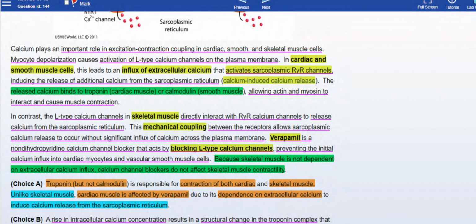Verapamil is an NDHP, that is a non-dihydropyridine calcium channel blocker, that acts by blocking the L-type calcium channel, preventing the initial calcium influx into the cardiac myocytes and vascular smooth muscle cells. Because skeletal muscle is not dependent on extracellular calcium influx, calcium channel blockers do not affect skeletal muscle contractility.